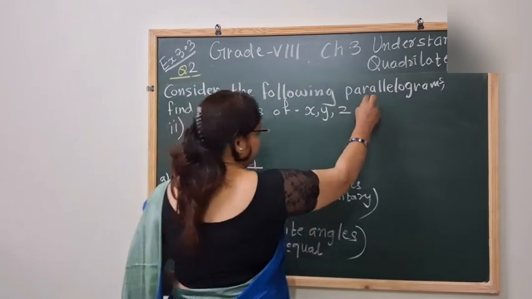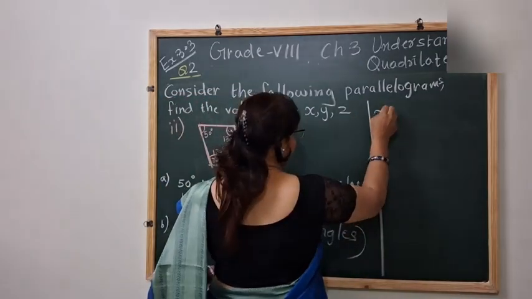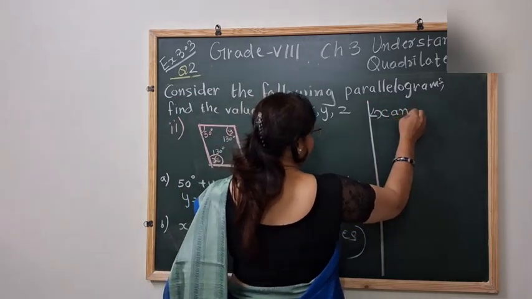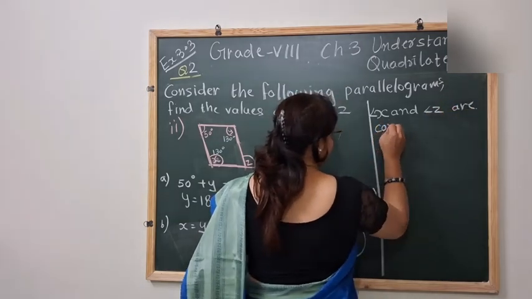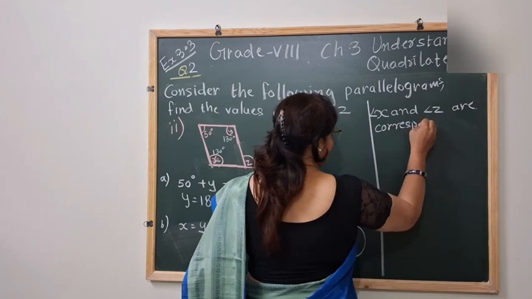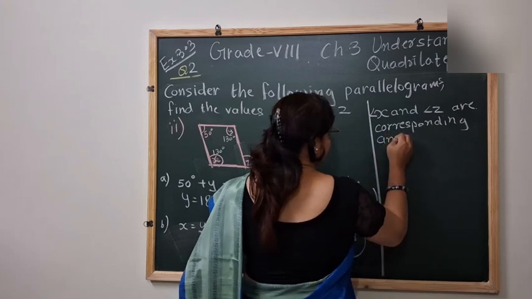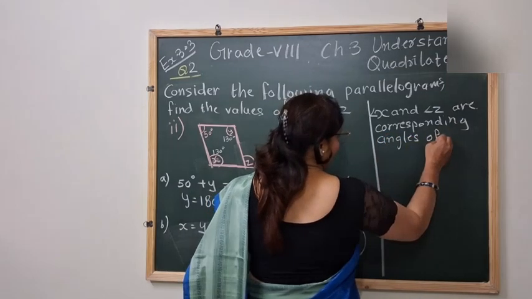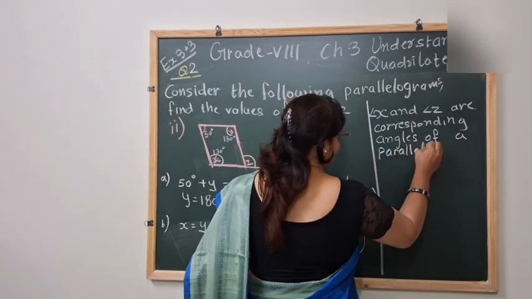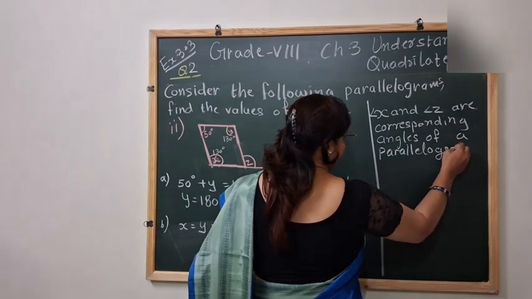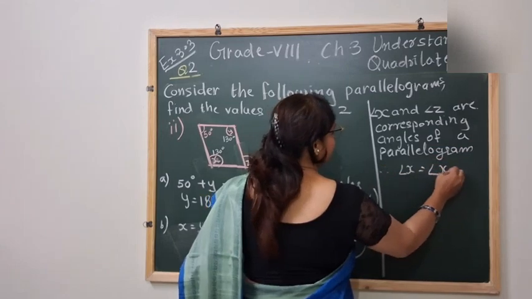Can I write angle x and angle z are corresponding angles of a parallelogram, therefore angle x is equal to angle z.